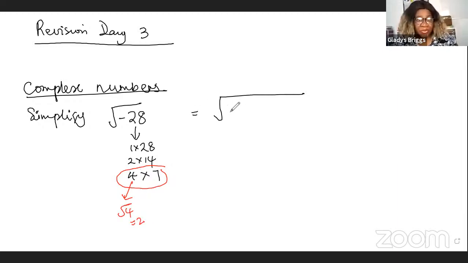Yeah, so I rewrite this as the square root of negative 1 times 4 times 7. Okay? If you didn't understand it when I was teaching it in class, make sure you can do it now. Then this is going to become the square root of negative 1 times the square root of 4 times the square root of 7.